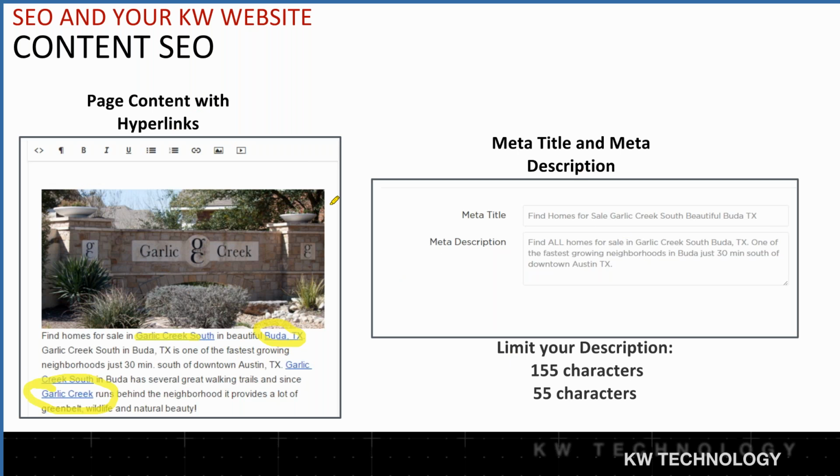While you all are answering that first question, let's look at our meta title and meta description. The meta title and meta description are here so that when somebody is looking for information, for example, homes for sale in Garlic Creek South and Buda, hopefully you've done a good job with your SEO and you'll be one of the first pages to show up, on the first page, I should say.